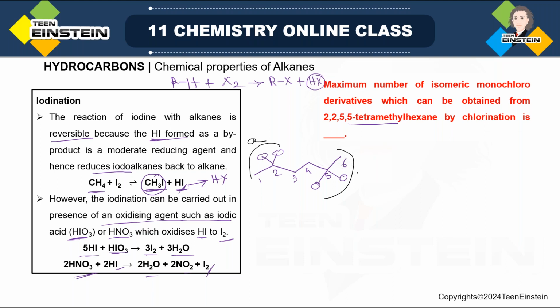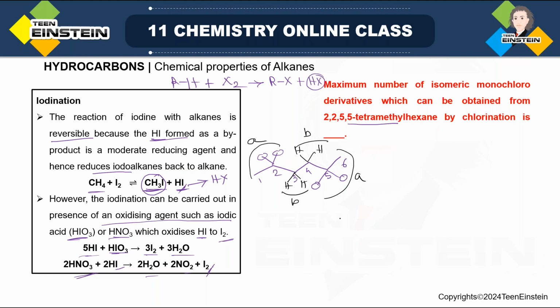So these are type A. Now come to these 2 hydrogens and these 2 hydrogens, they are 2 degree. Suppose I am calling them B. So you have A type of hydrogen, 9 and 9, and B type of hydrogen, total 4.